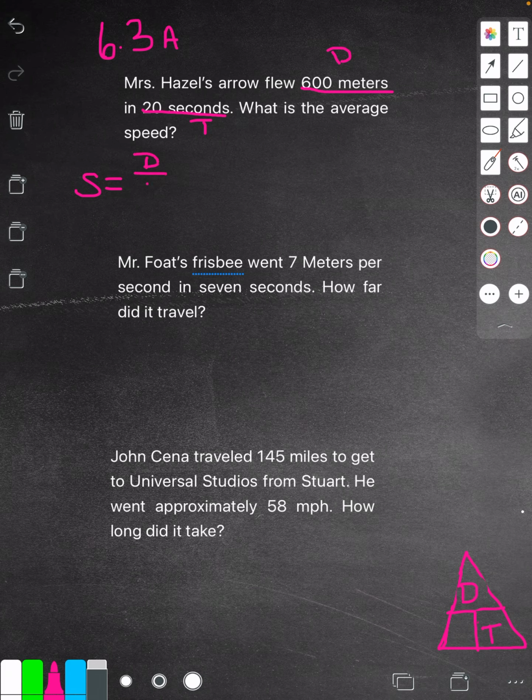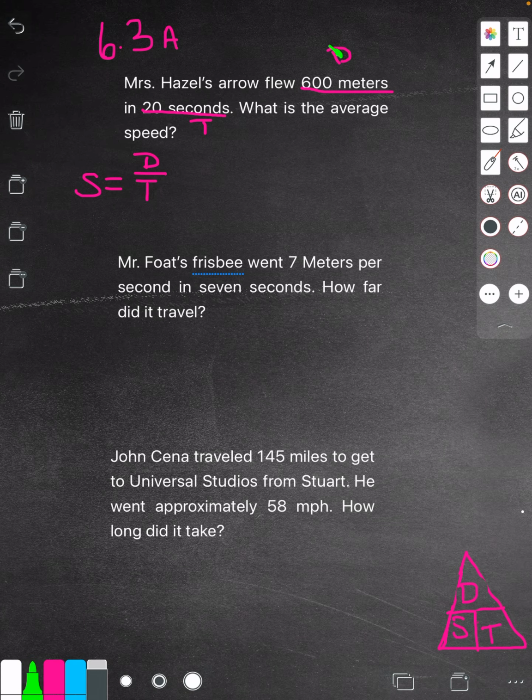Distance over time. All right, now I'm literally going to go in and put my S back first. I'm literally going to go in and write the exact same thing using substitution for distance, using substitution for time.